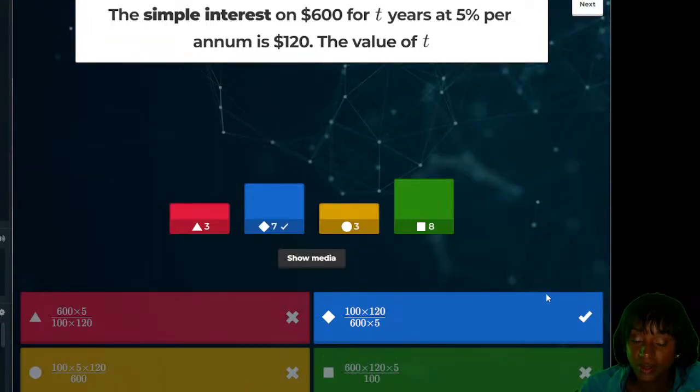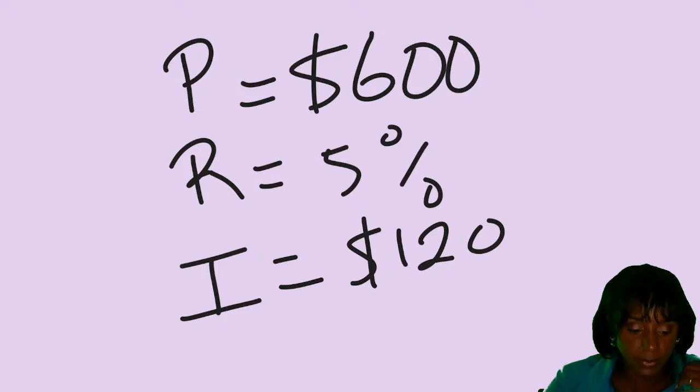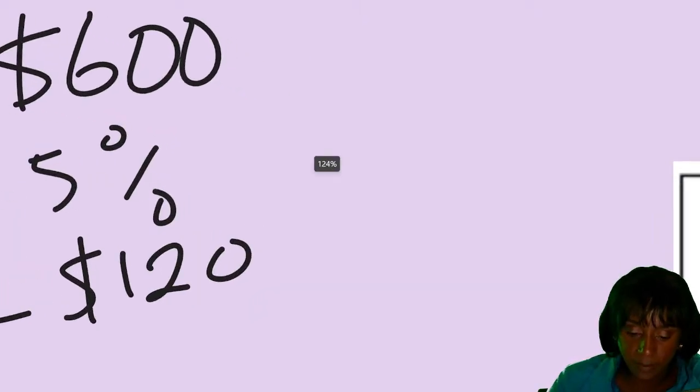So again, if you do not know the formula, then it will be very difficult for you to actually get this answer. So let's look at the formula for when we are calculating simple interest. Before I look at the formula for time, let's see here.